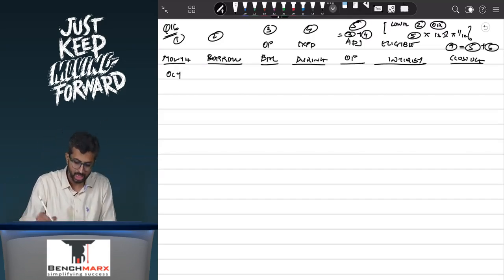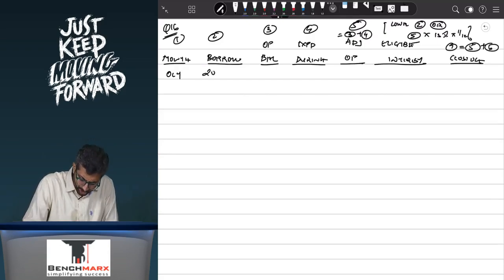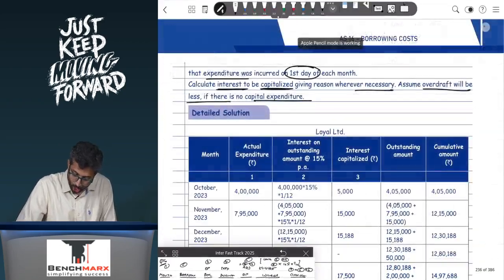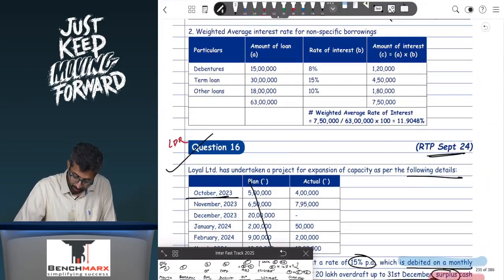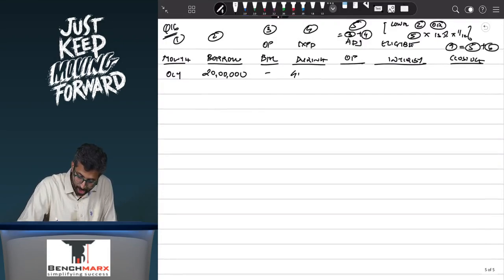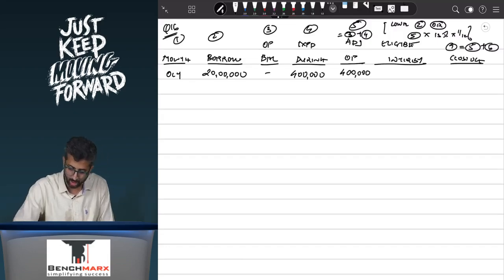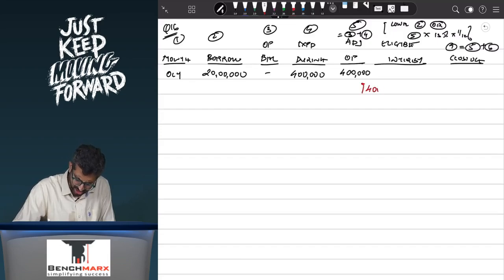So if you look at October over here, what are the borrowings? October meant there was a 20 lakh borrowing, there was no opening balance, and during October you spent, I believe, 4 lakh rupees, which means if there was no opening balance, your adjusted opening will be 4 lakhs. Now for interest, you will compare 4 or 20, whichever is lower. So you will say, okay, out of the 20 lakhs of borrowing, 4 lakhs is for the qualifying asset, into 15% into 1 by 12.